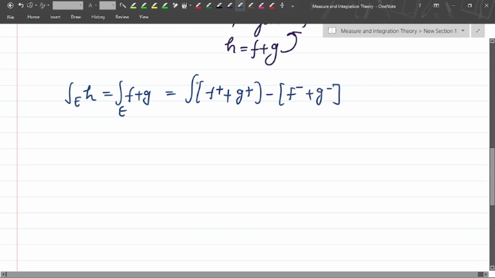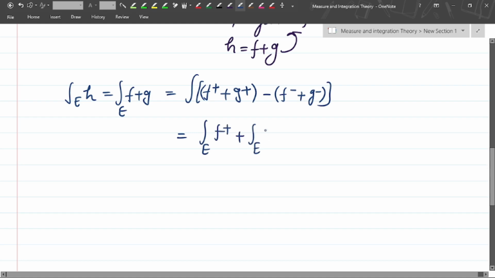So we can write f plus plus g plus minus of f minus plus g minus. We can integrate part by part because these are all integrable. So it is the integration over E of f plus plus the integration of g plus, minus the integration over E of f minus, minus the integration of g minus.